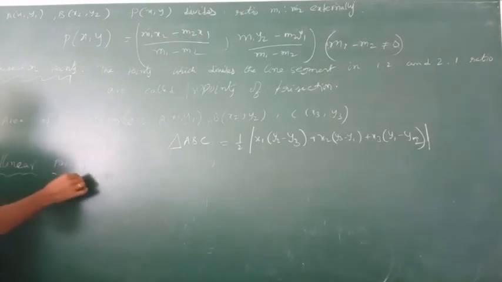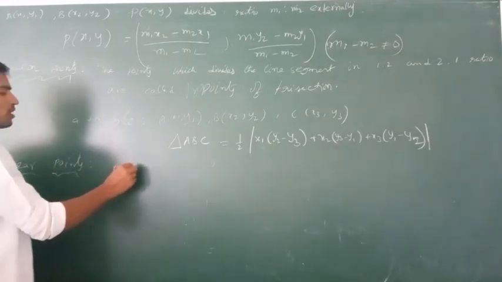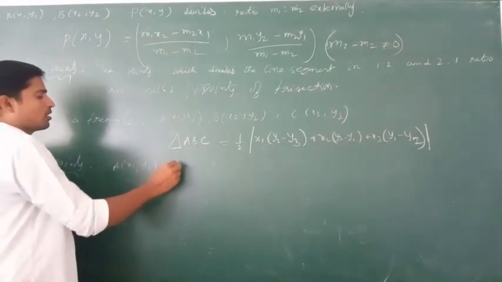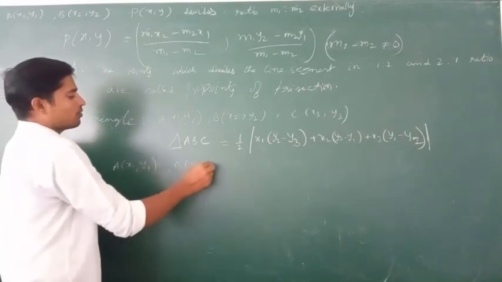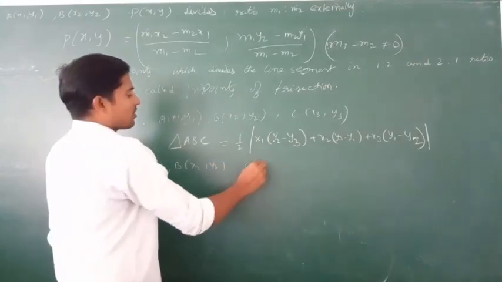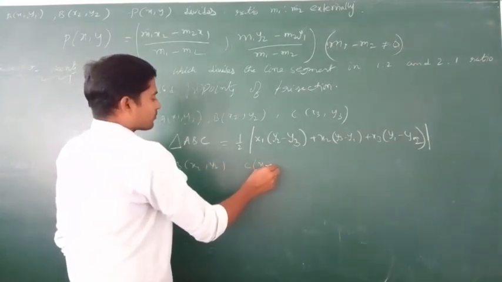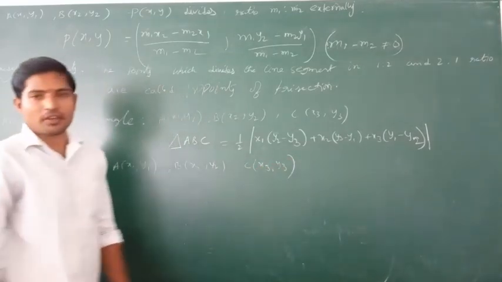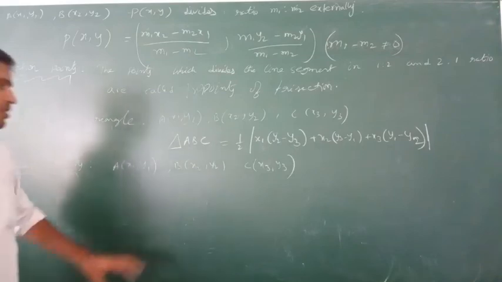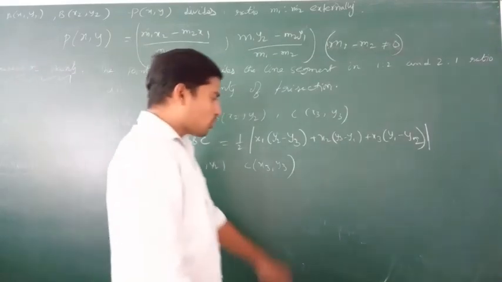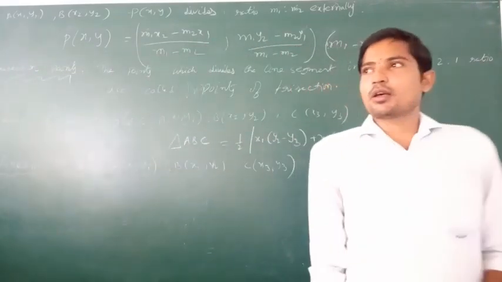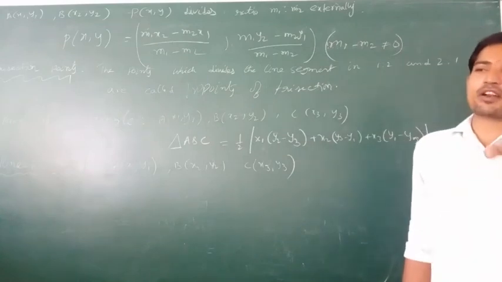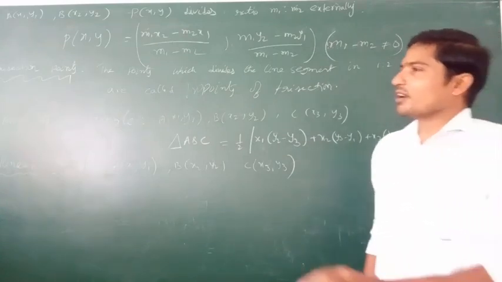Suppose A (x1, y1), B (x2, y2), C (x3, y3) are three given points. If these points are collinear, it means the area of the triangle is 0.